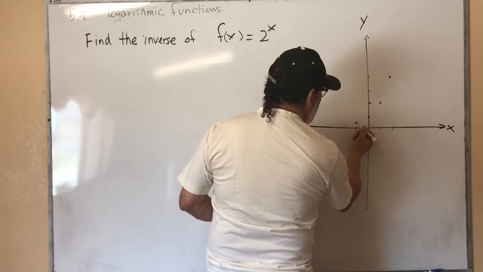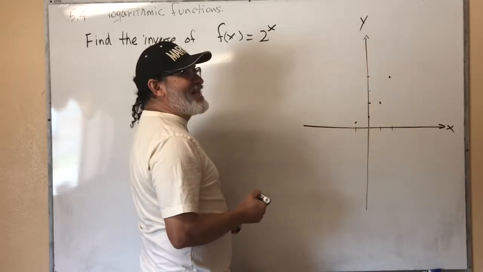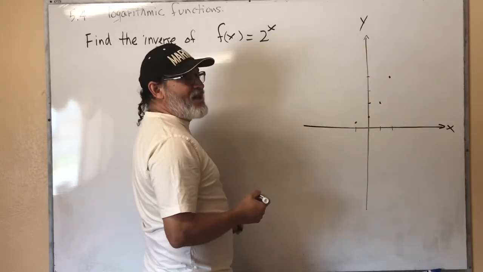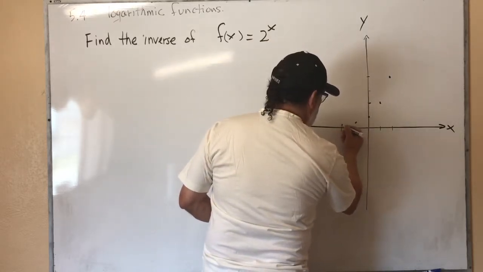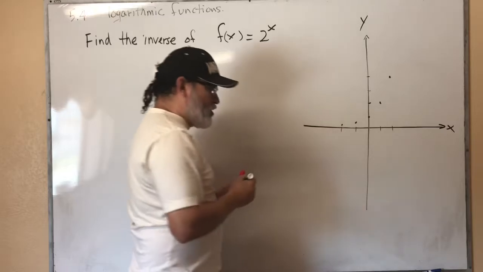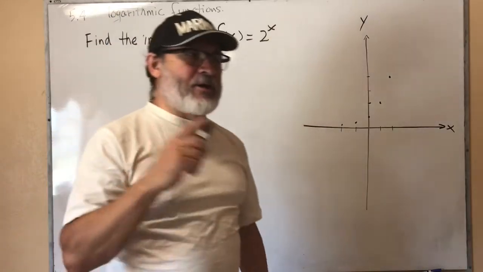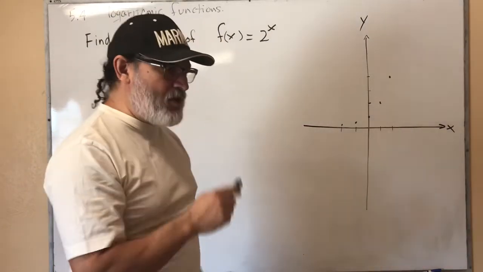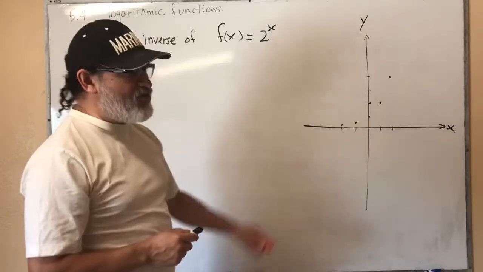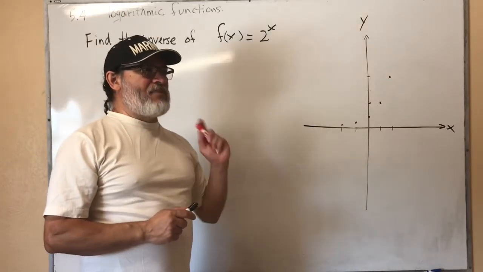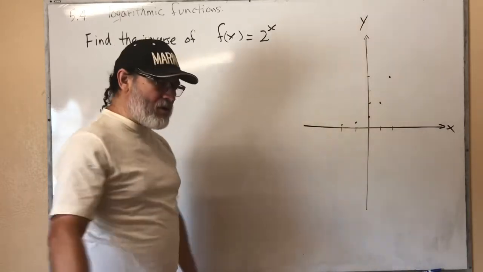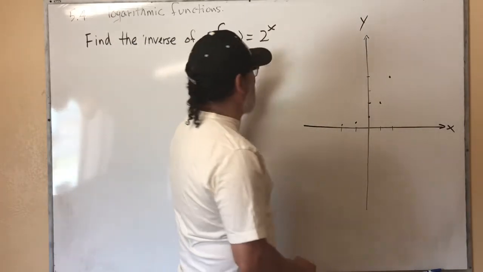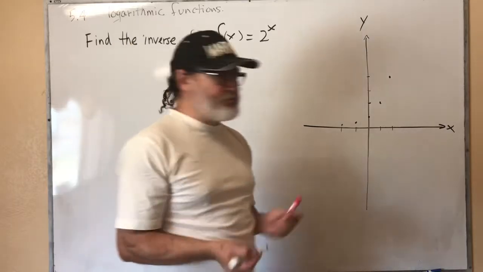Half. Let x be negative 2. What's 2 to the negative 2? 1/4. Go back and look at my prior video, where I made a table for you guys. So this is f of x equals 2 to the x.